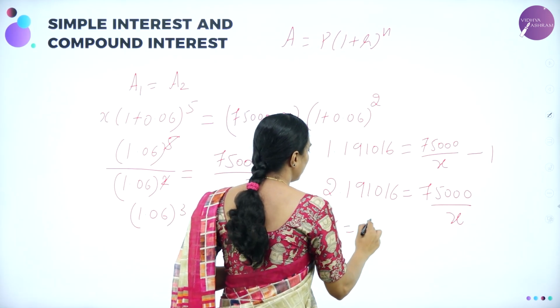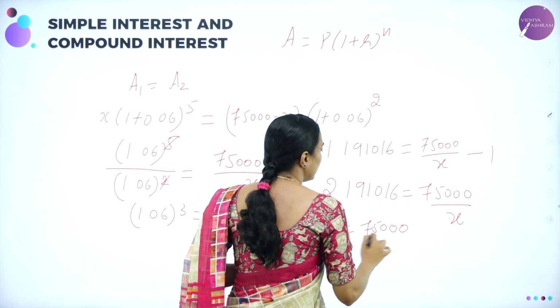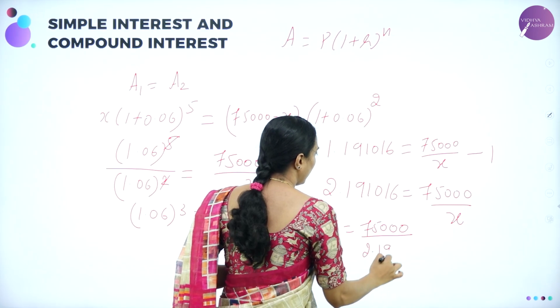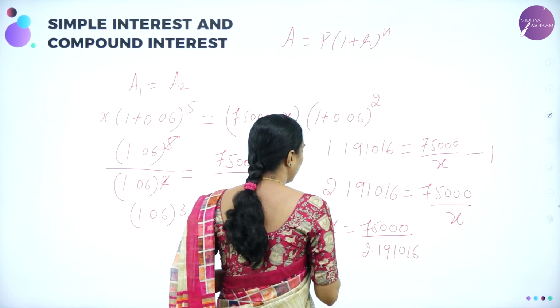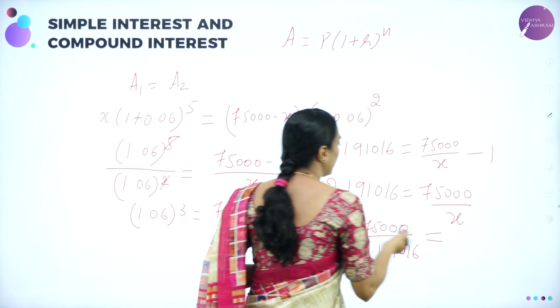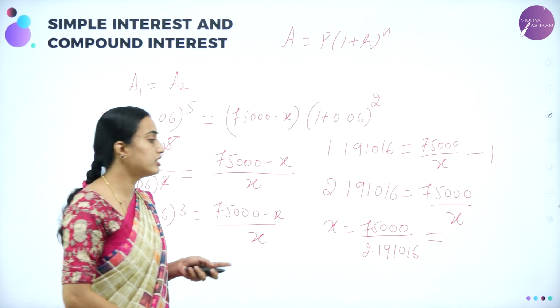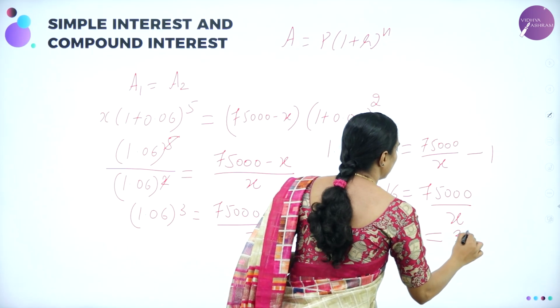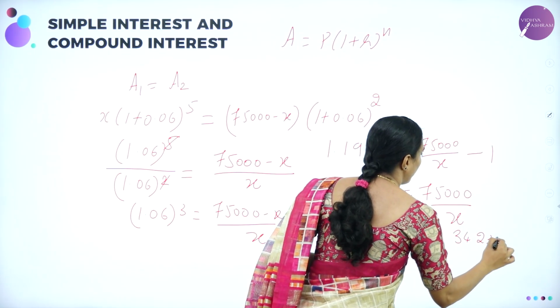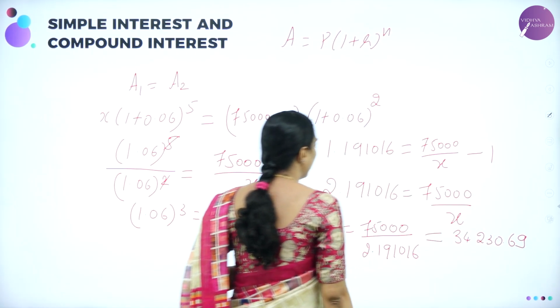X will be equal to 75,000 divided by 2.191016. After dividing, the answer you are going to get is 34,230.69. This is your X.